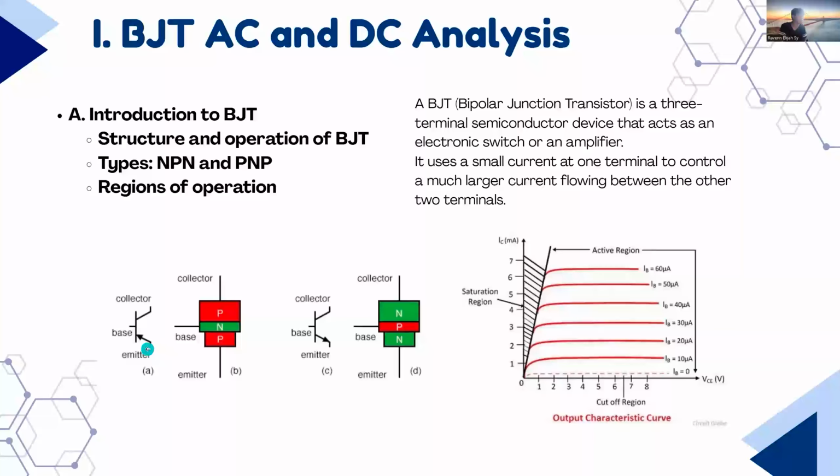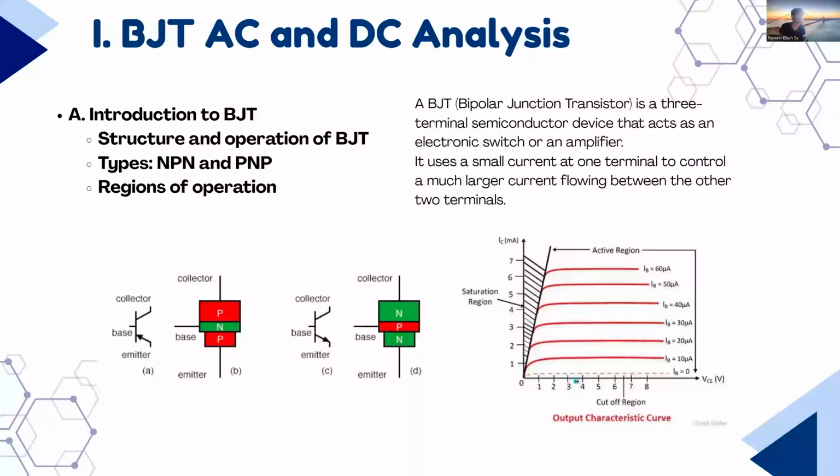Okay, so let's talk about the regions of operation. The region of operation is shown in this output characteristic curve of a BJT. We have the active region, saturation region, and the cutoff region.